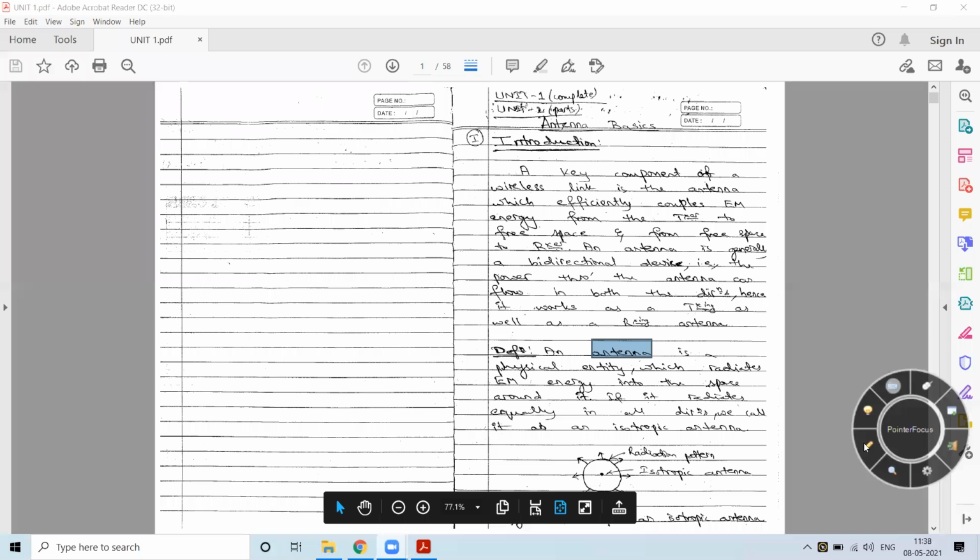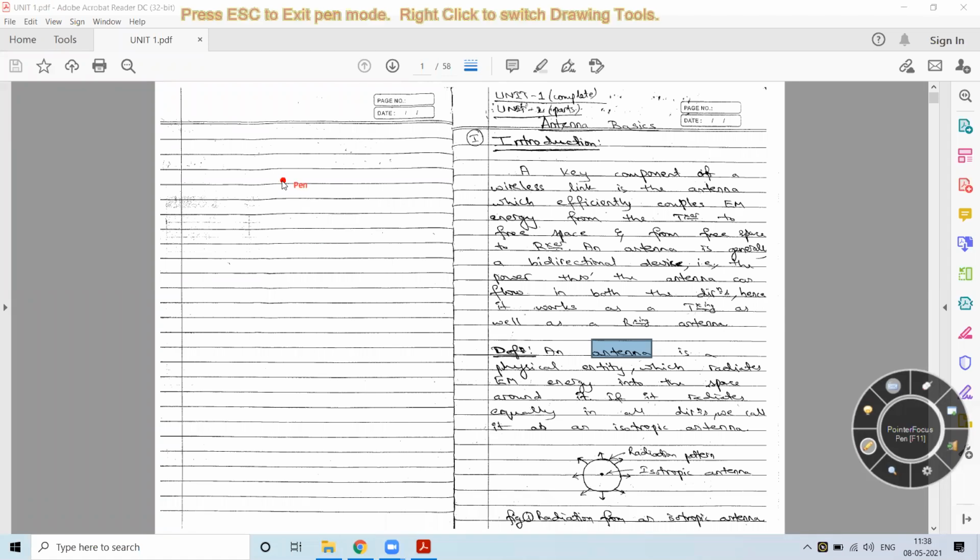I was talking about the azimuth angle and the elevation angle. If you remember, you have studied the XYZ three-dimensional representation.